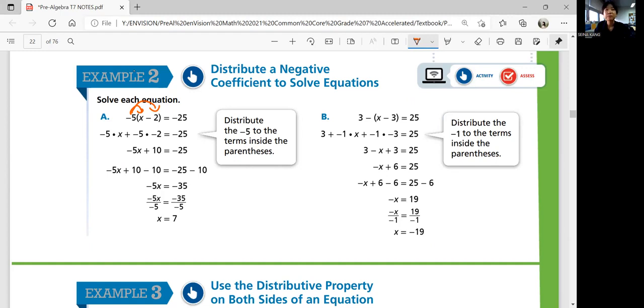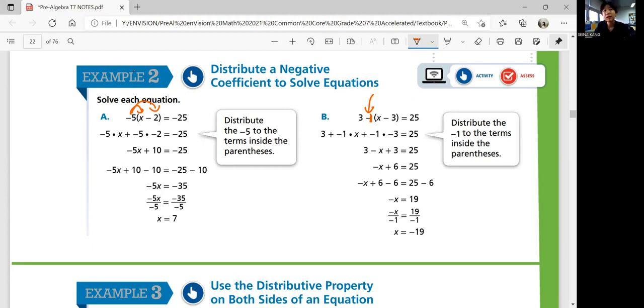About part B, what if you just have a negative and the parentheses x minus 3? That is still a negative sign, which means this whole thing is a negative number. You have to distribute that negative as well, because that's -1. If there's no coefficient but it's still negative, that's still a negative.